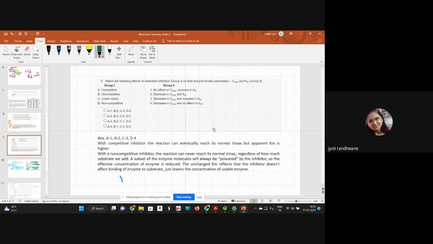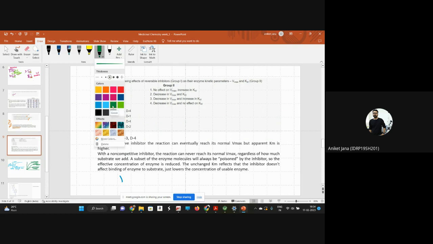So which one is the right option? From the graph itself, with a competitive inhibitor, as I showed in the graph, the reaction can eventually reach its normal Vmax, but the apparent Km is higher.